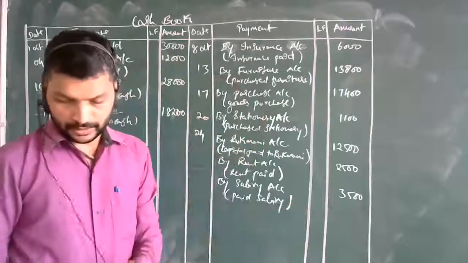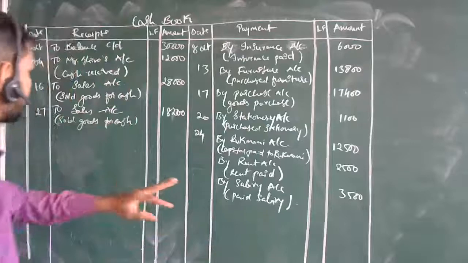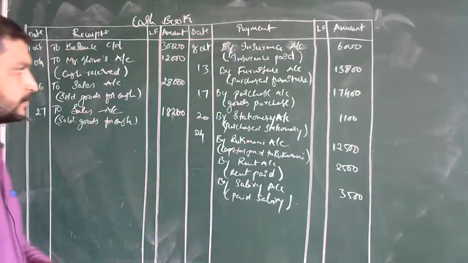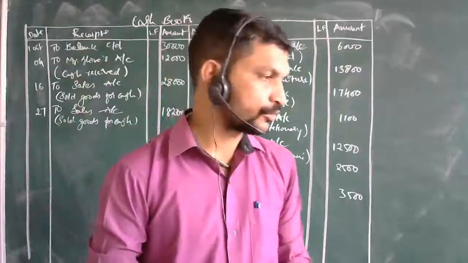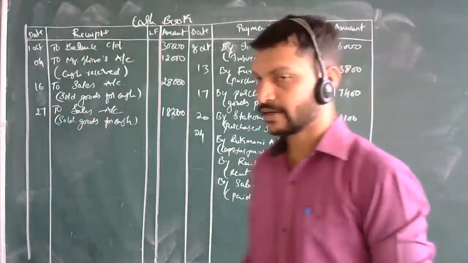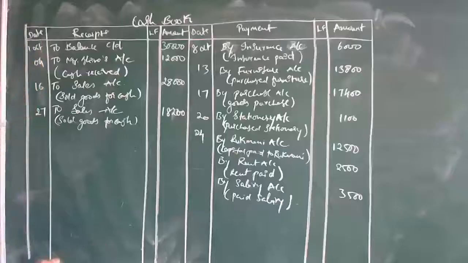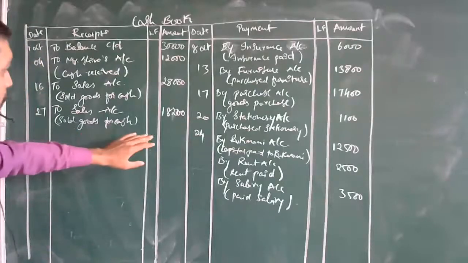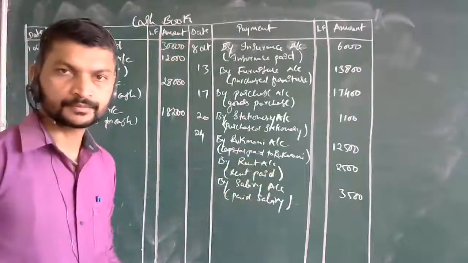Okay. Now calculate both the sides, and tell me which is the greater side. Which account's value is more, this one or this one? Tell me fast.